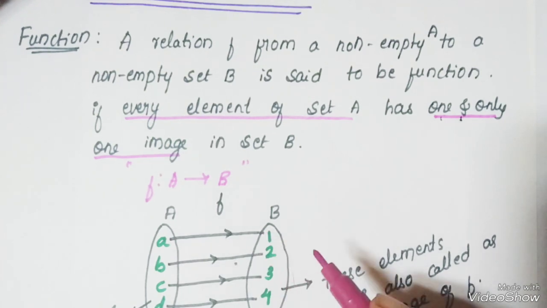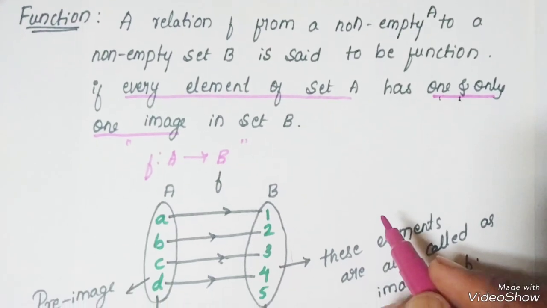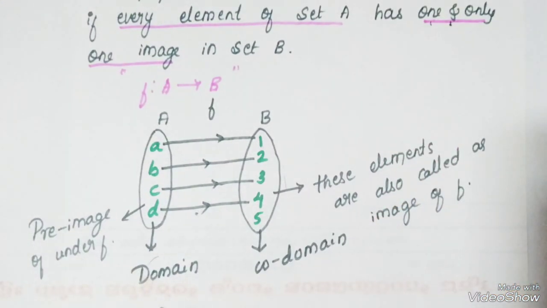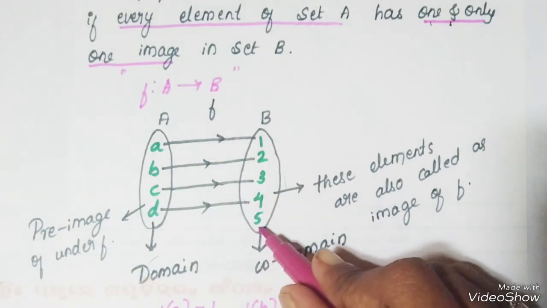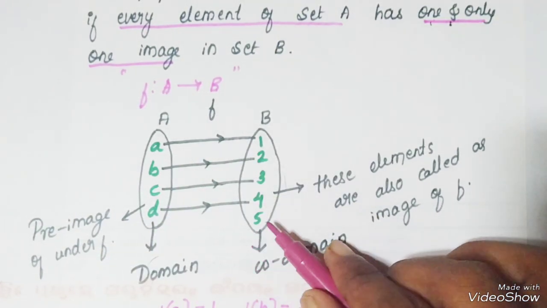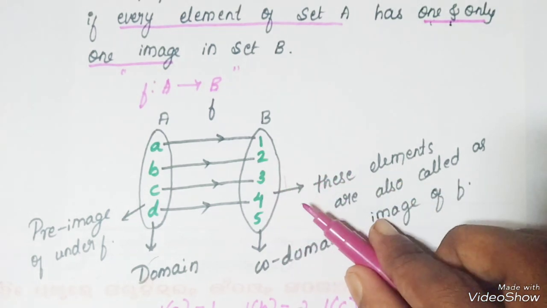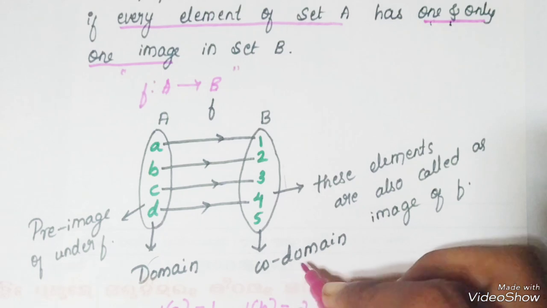Here we write the function: f of a equals 1, f of b equals 2, f of c equals 3 and f of d equals 4. And the codomain is always greater than or equal to the range.